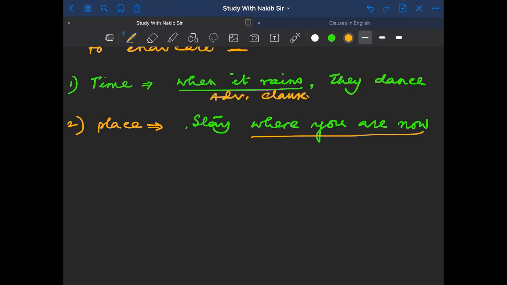Where you are now, this is the place. Stay where you are now. So it indicates a place. For this, it is an adverb clause. And this is a principal clause.